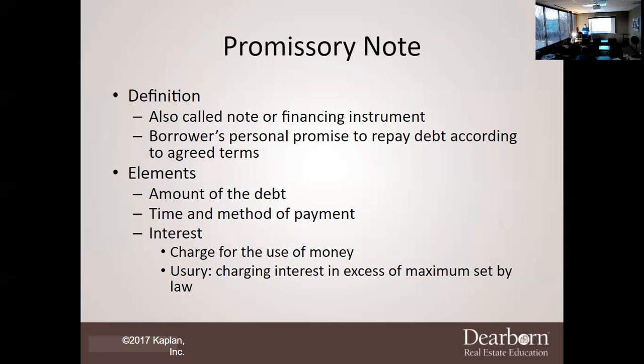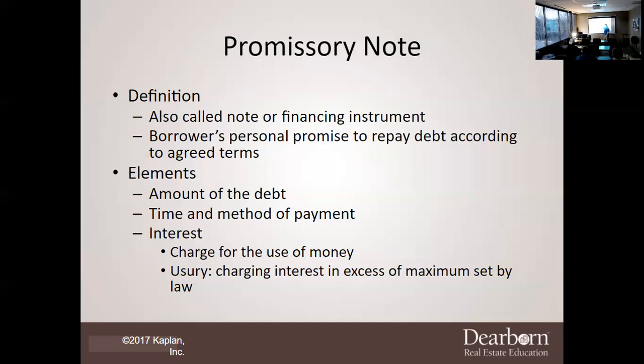Why is that? Why do you think, Colton, that the government would want to stipulate how much an individual can charge for the rental or use of another person's money? Exactly. Because if we didn't have this, what would happen here, Colton?